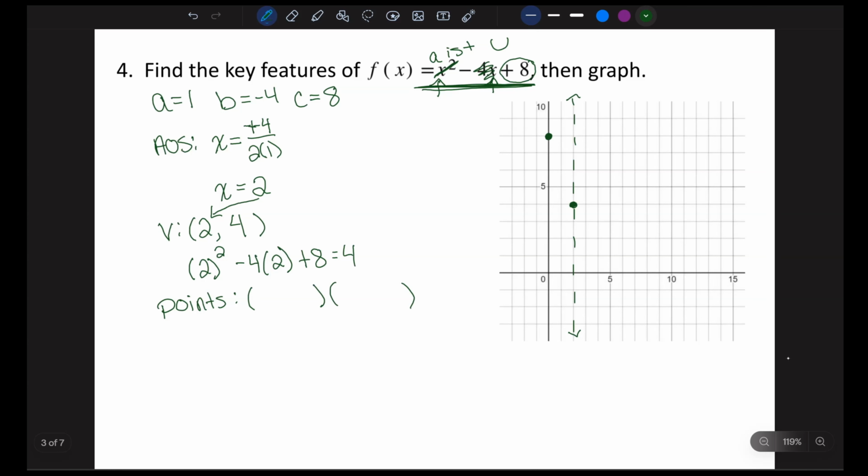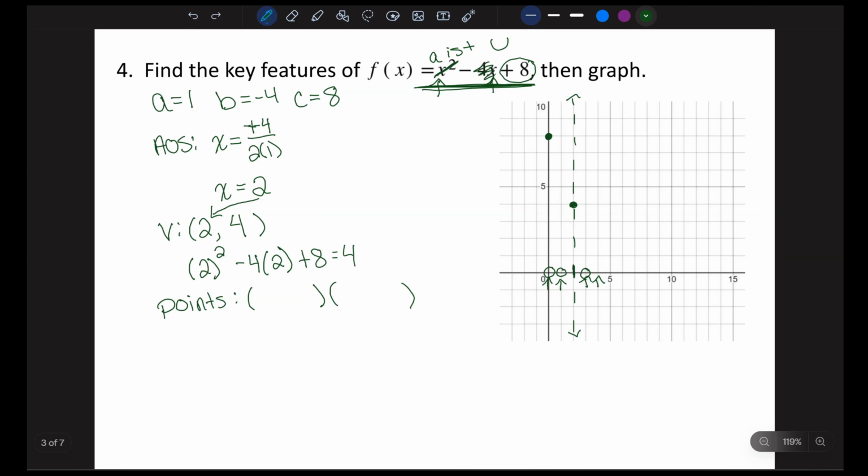So if my axis of symmetry is sitting at 2, I want you to pick x values that are either 1 and 2 to the left or 1 and 2 to the right. So when I plug in x values, I'm going to choose an x value of 1 and an x value of 0. Or I could choose an x value of 3 and an x value of 4.